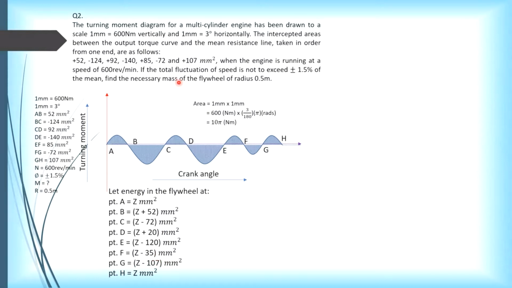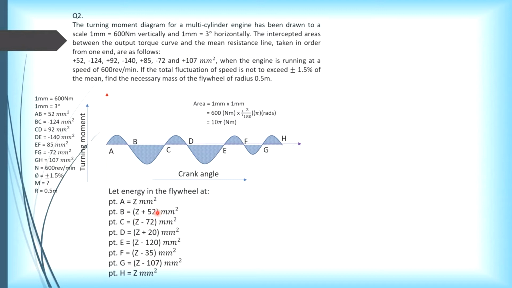Then you add minus 72, then you have negative 35, then plus 107, so you have positive 107. Then back at the end, you have Z mm square.